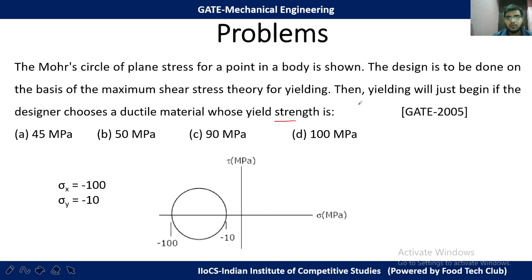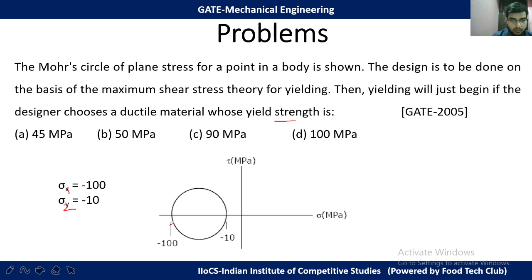Sorry, this will not be sigma x, but sigma 1 and sigma 2. From this diagram, the two points where the circle cuts the sigma axis are the major and minor principal stresses.